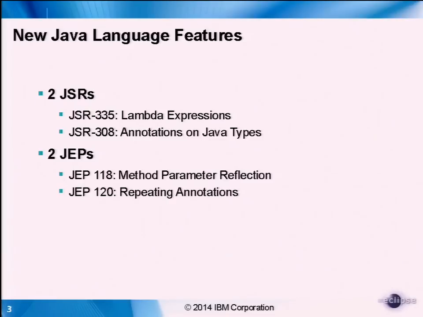Here we have two of them. One is the method parameter reflection, and the other is the repeating annotation. I will quickly explain what those are because they are really small, and I'm not sure we have time to look further into these in detail here. Parameter reflection allows you to tell the compiler to store parameter information in the class file, and it's explicitly called parameter information. But in Java 8, it only stores the parameter names.